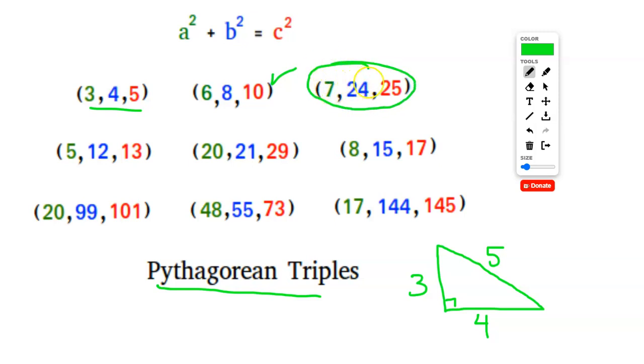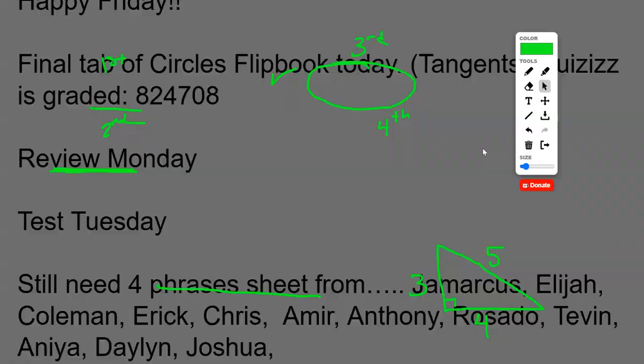There's a 7, there was a 24, so I know the other one had to be 25. 5, 12, 13 is also a very common one. I'd say this one is first most common. This one is second. The one we just had was third. Occasionally I'll see this one, but I don't usually see the other ones. And there's more as you go to bigger numbers. And of course, you could have some that are decimals, but they wouldn't be called Pythagorean triples.